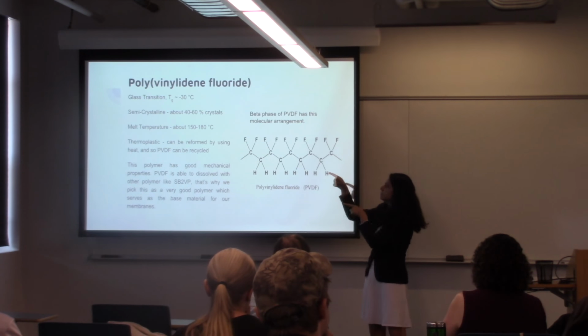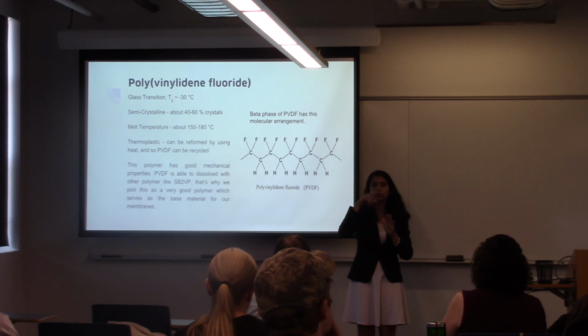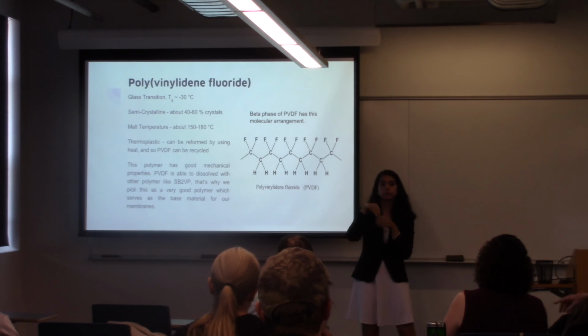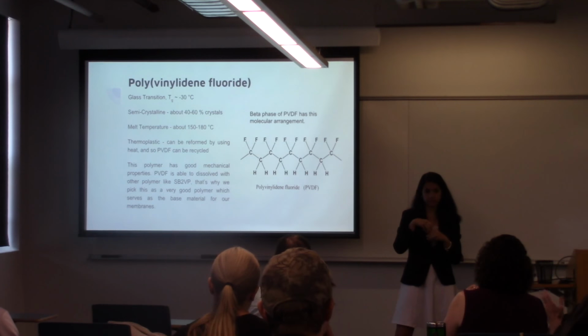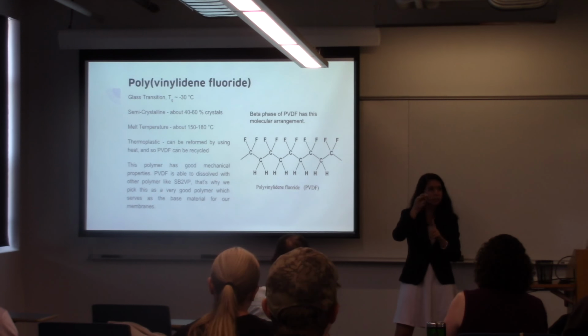And here's a little bit more in-depth explanation about PVDF. Its melting temperature is around 150 to 180 degrees Celsius. The glass transition, which is important for us, is around minus 30 degrees Celsius.